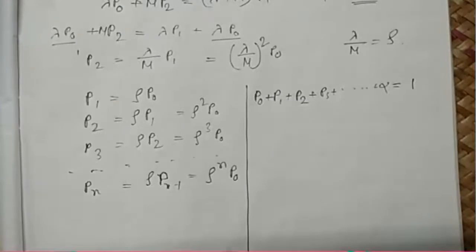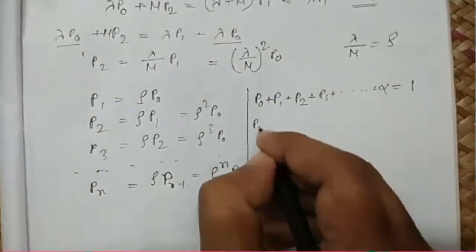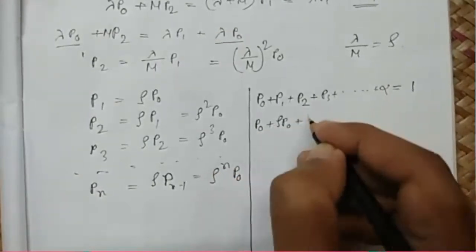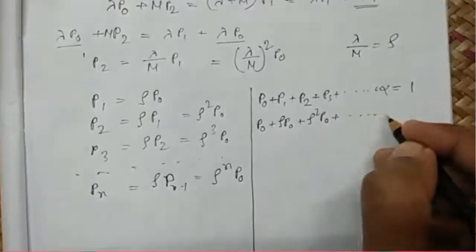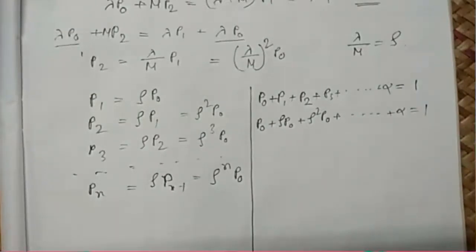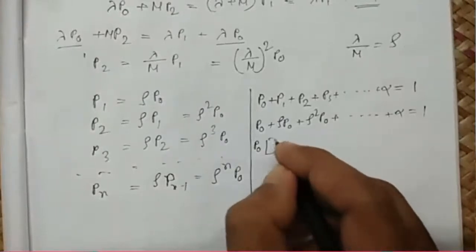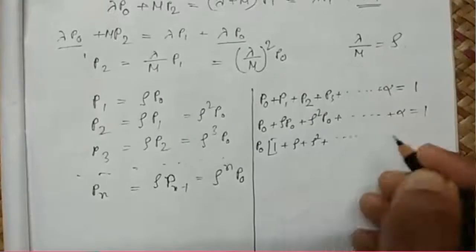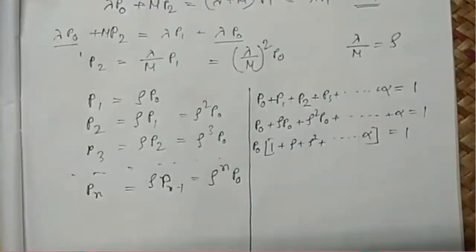So if we rewrite P1, P2, P3 in such a way, it gives us P naught plus rho P naught plus rho square P naught, and similarly up to infinity will give you 1. So upon taking P naught common, we get 1 plus rho plus rho square and so on up to infinity, which gives us 1 over P naught.